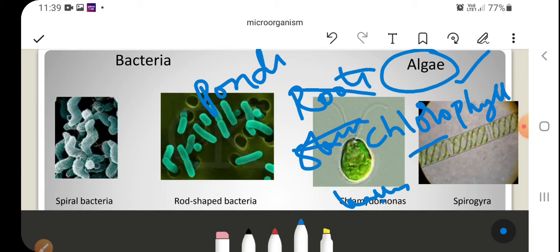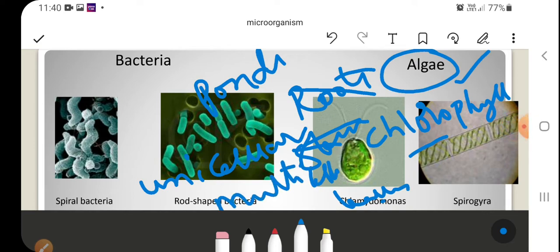Even you can see these organisms on moist walls, moist rocks, everywhere. These algae organisms are either unicellular or multicellular.